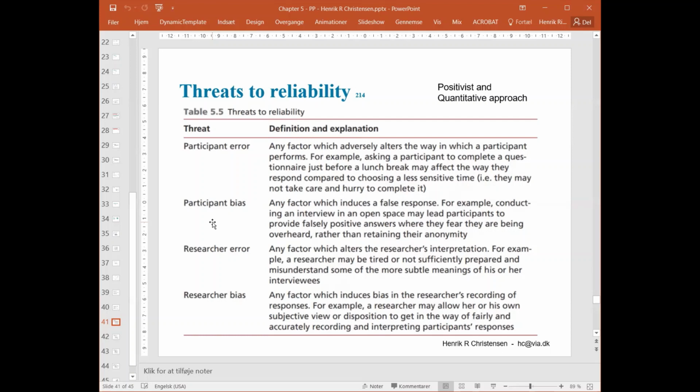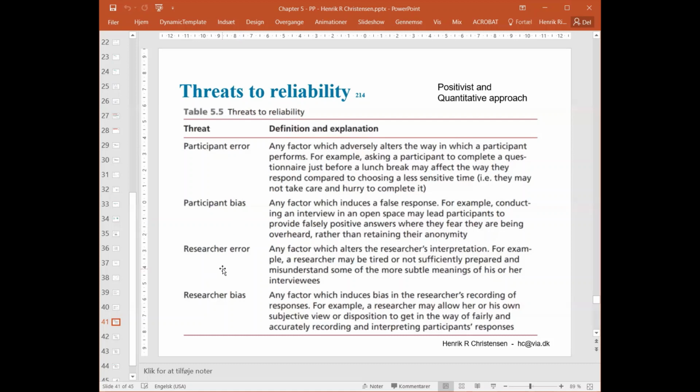So we also need to make sure that the participant will actually give a correct answer. And also, it doesn't mention here, but there's an extra thing, that we need to make sure that the participant actually knows the answer. It's not enough that the participant will answer. It's also a question about whether the participant knows the answer and therefore can give a correct answer.